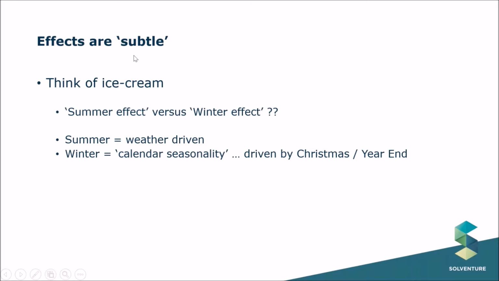Another reason that weather is complex or subtle, think of ice cream. Summer versus winter effect. Most probably I have peaks in the summer, and the peaks in the summer will be weather driven. But I might also have peaks in the winter. But if I look at the winter, it may not be driven by weather. It may be driven by calendar seasonality. At the end of the year we have Christmas, we have year-end festivities, and people just like ice cream as a good dessert.